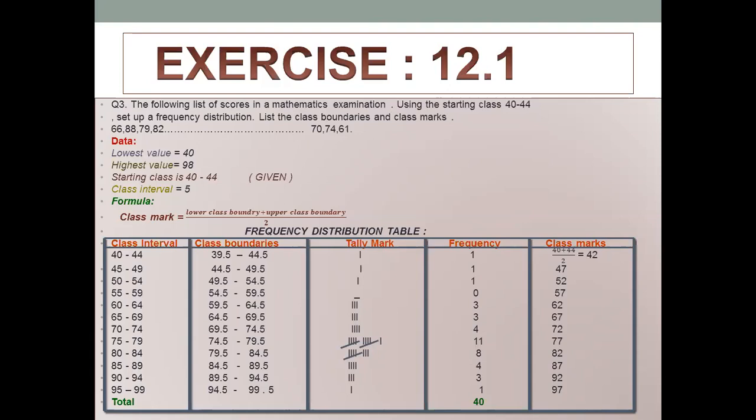In the same method, 90 plus 94 divided by 2, 95 plus 99 divided by 2, and you will get the column of the class mark. I also mentioned the formula over there, and I did one step for you. The first value I calculated for you, and then you calculate all the values by yourself using the same formula. Is it clear?